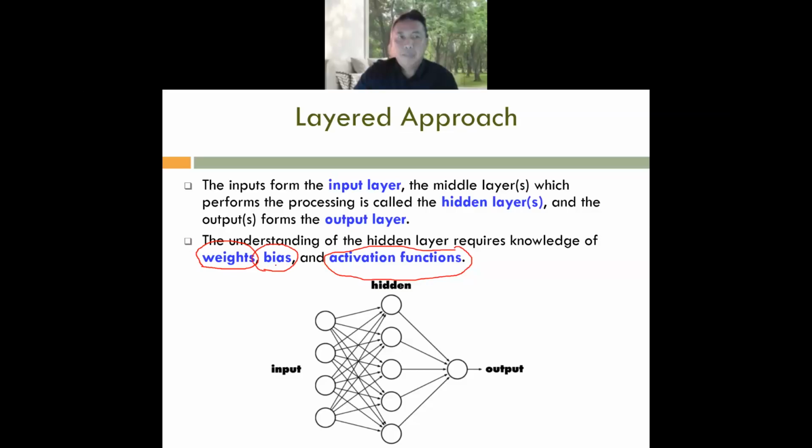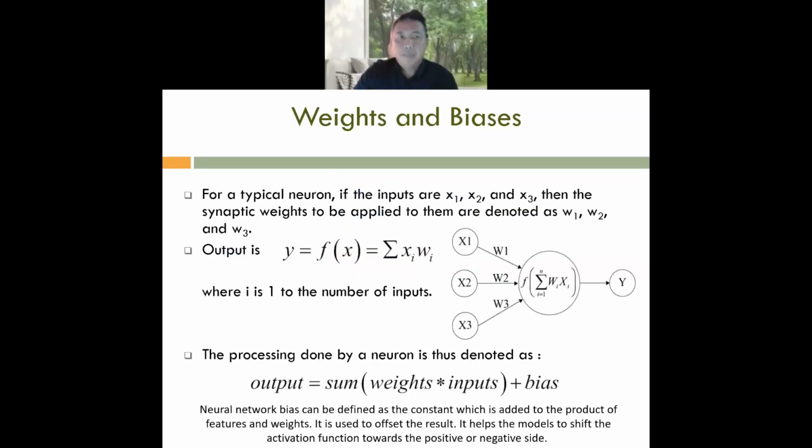This bias will give you a more flexible condition in which you can make the output of your neural network match the actual one. So for example, the output of your activation function will be the Y, and your input will be X1, X2, and X3.